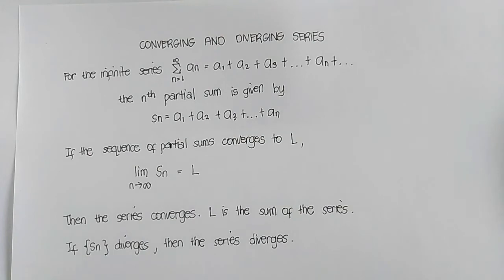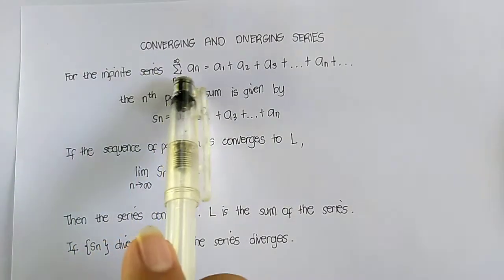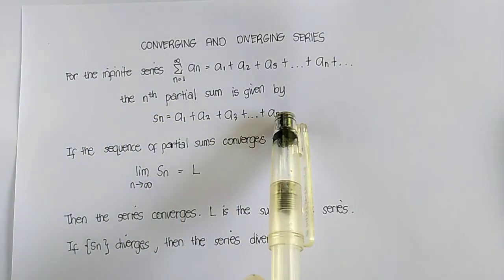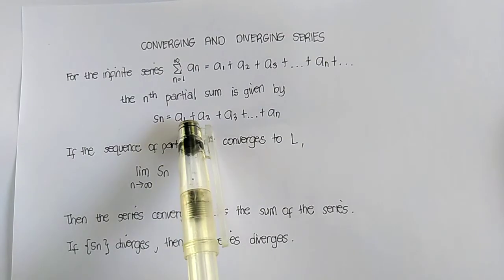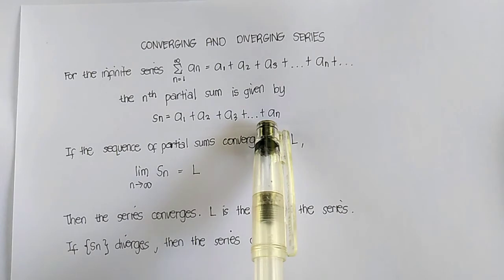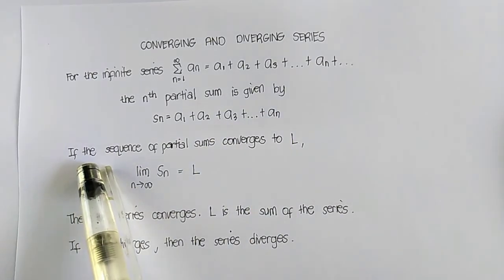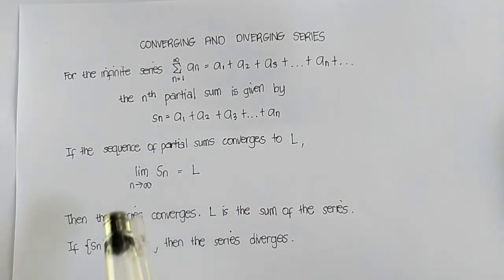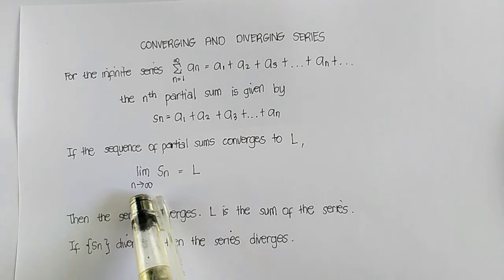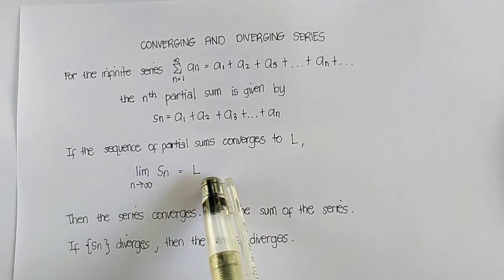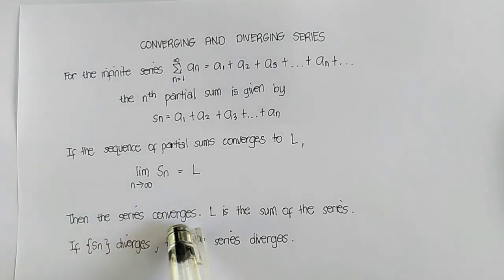So for an infinite series, as we see here, the nth partial sum would be given using this notation, where s sub n is equal to a sub 1 plus a sub 2 all the way to a sub n. Now, if the sequence of the partial sums converges to L, we could say that the limit as n approaches infinity of the nth partial sum is equal to L. If this is true, then the series converges.